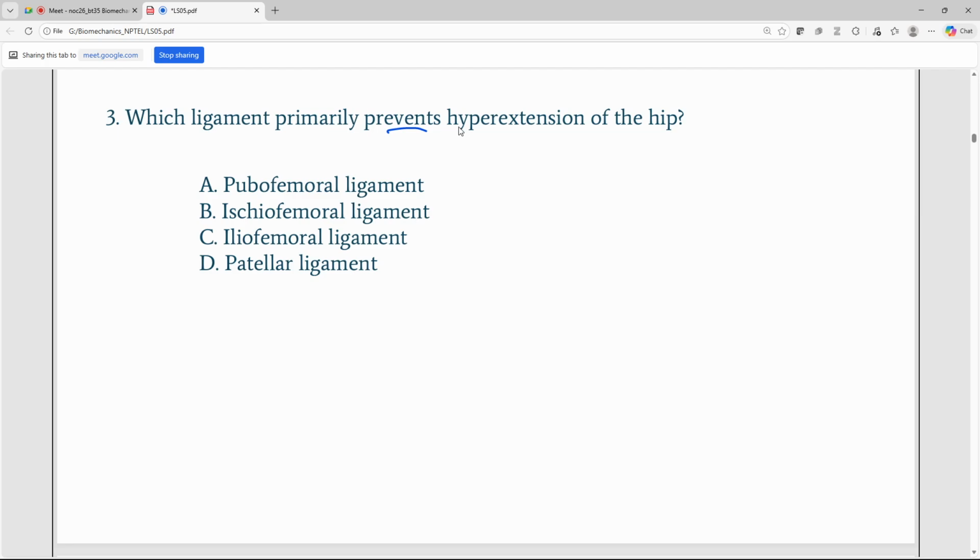Options are: A, pubofemoral ligament; B, ischiofemoral ligament; C, iliofemoral ligament; D, patellar ligament. Be careful about the question. It is asking which prevents, not which allows.